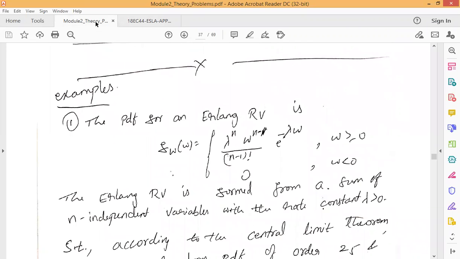Based on the central limit theorem itself, we are going to consider one example.